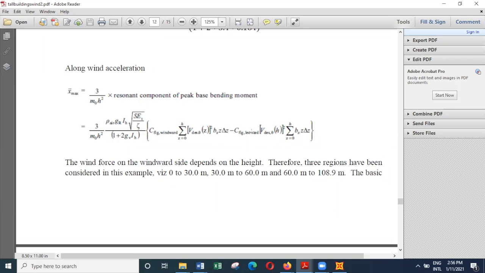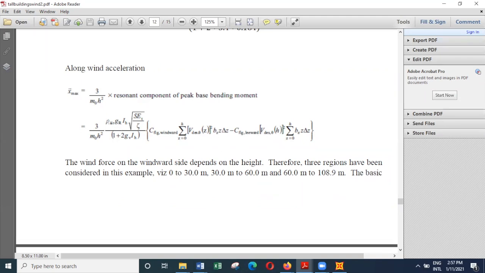Although it says this minus this, leeward effects are suction, whereas windward effects are pressure. So then they have to be added up. So although it talks about the difference, what actually happens is the leeward coefficient is minus 0.5, so you will find that this and this will be added up.